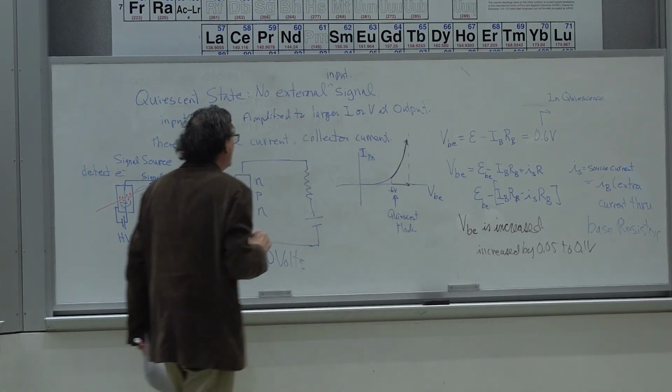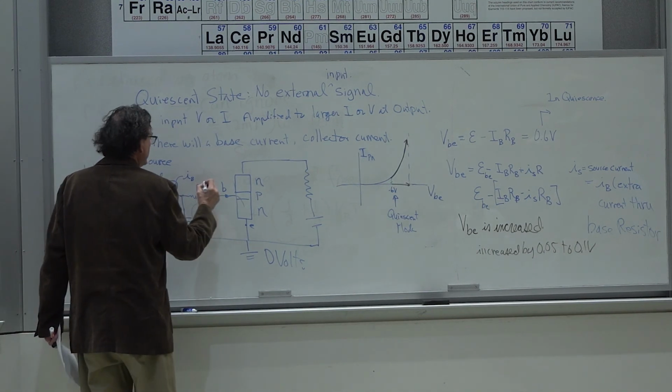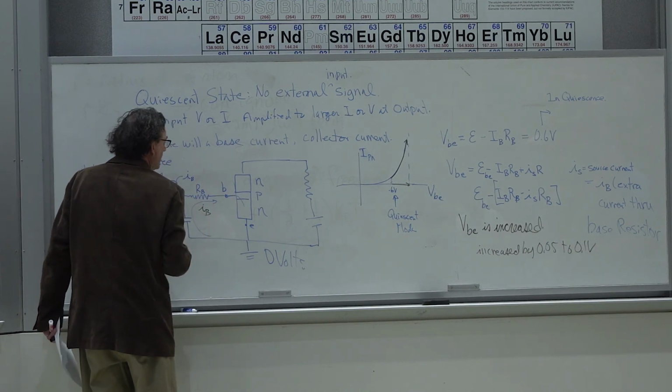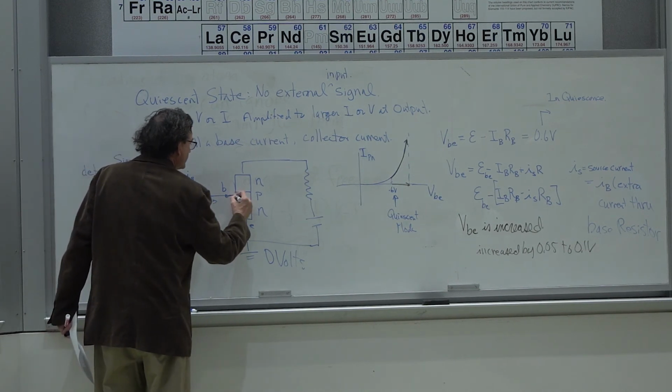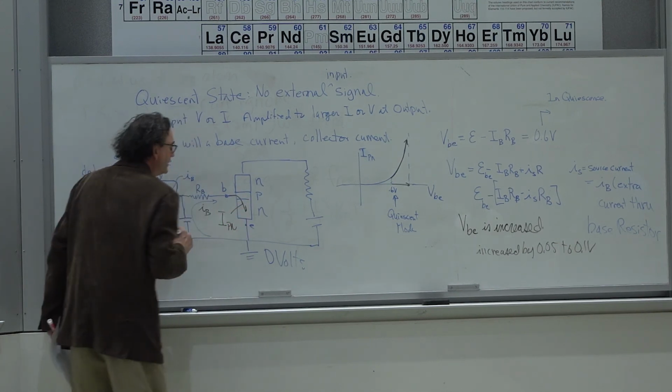Okay? When that happens, by making a very small change in the current through the base resistor, I get a very large increase in the current through the PN junction. Right?